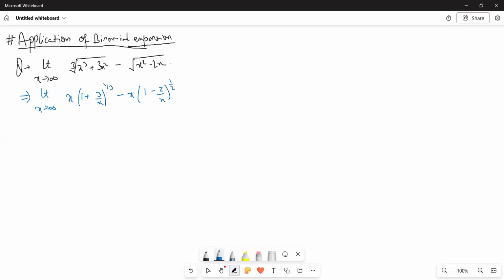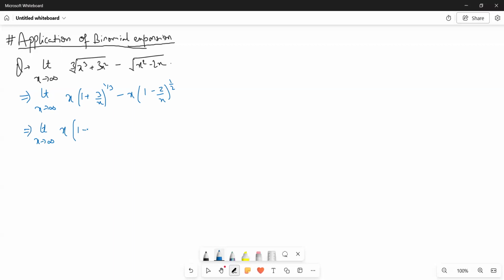Now in both 1 plus 3 by x to the power 1 by 3 and 1 minus 2 by x to the power half, we apply binomial of rational index. We expand them by using the concept of binomial of rational index. So limit x tending to infinity. What would be the expansion over here? 1. यहाँ पे 1 plus है.